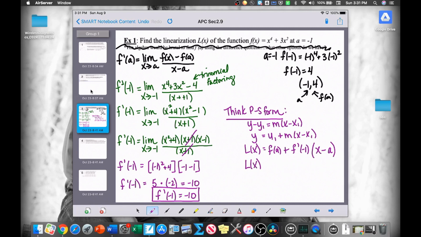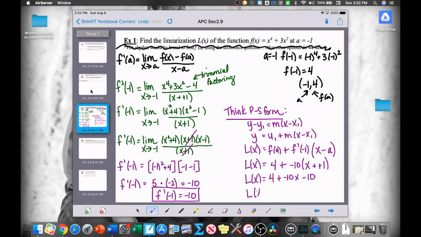So L of x is going to be equal to f of a, which is 4, plus our slope, which is negative 10, times x minus our a value, which is negative 1. And again, minus a negative, chop chop. So we can simplify. L of x is equal to 4 plus negative 10x minus 10.